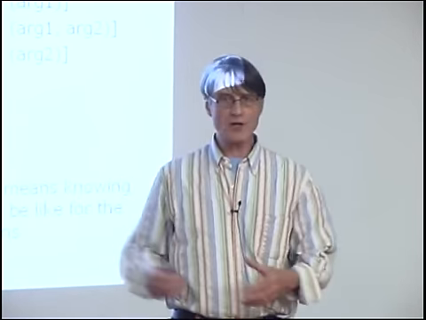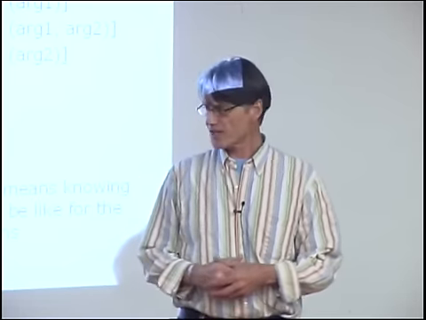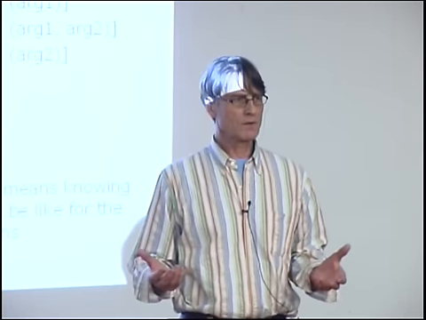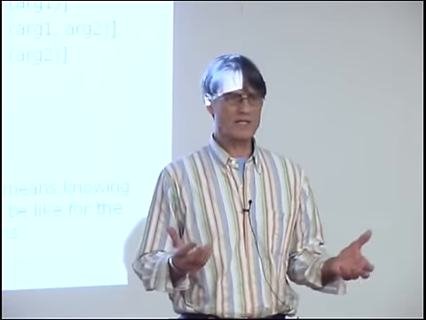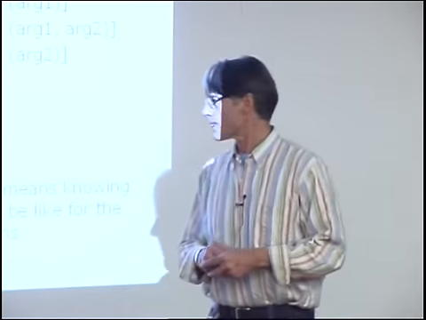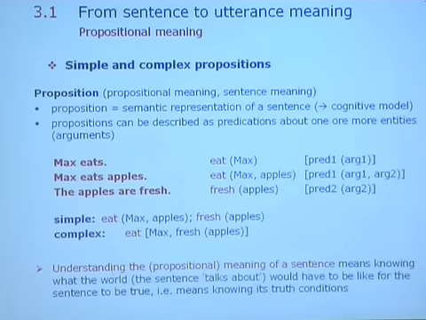So Max eats fresh apples, and you watch Max over there, and Max is in fact eating a rotten apple, then you would say, no, that's not true. He is not eating a fresh apple. Okay? So understanding the propositional meaning of a sentence means knowing what the world the sentence talks about would have to be like for the sentence to be true.